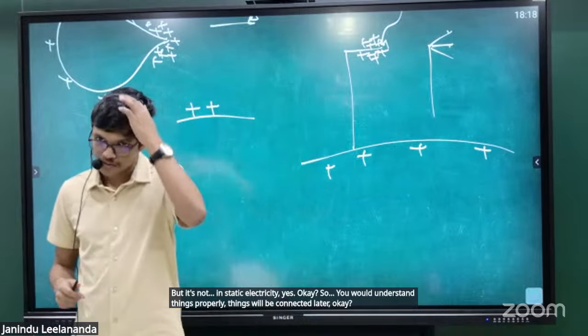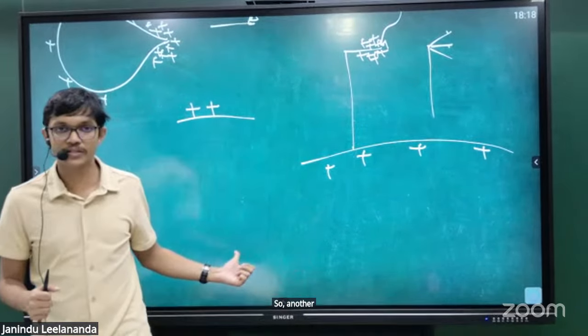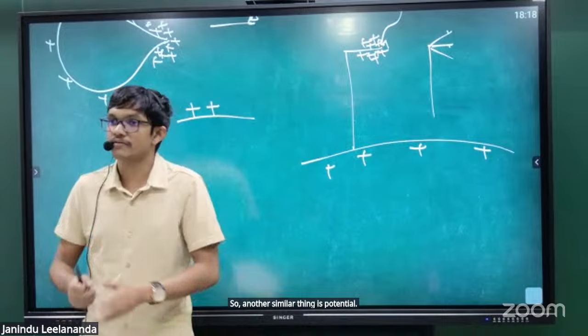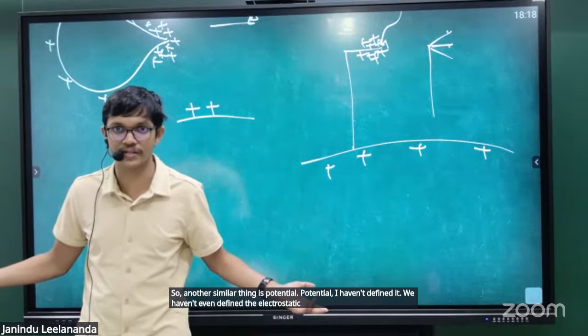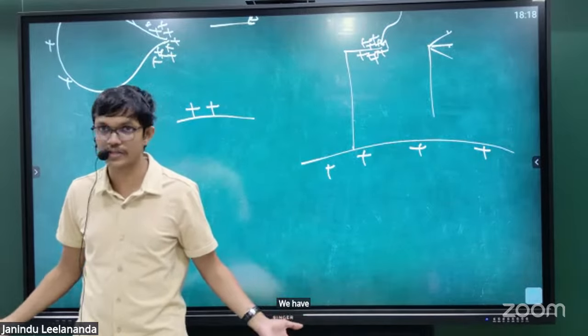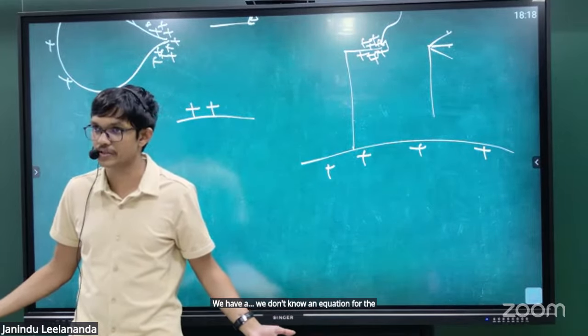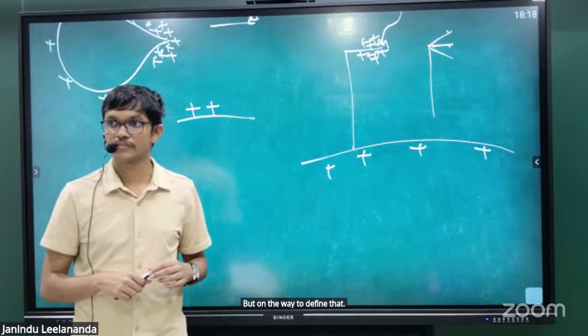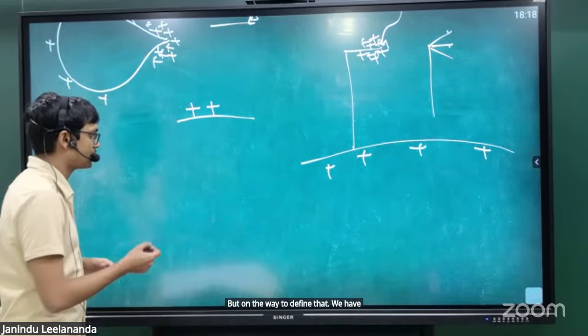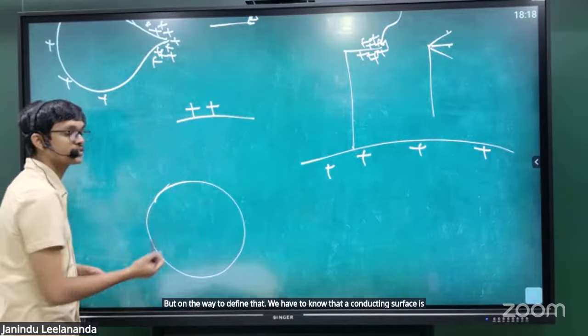Another similar thing is potential. We haven't even defined the electrostatic potential yet, and we don't know an equation for it. But on the way to define that, we have to know that a conducting surface is an equipotential surface.